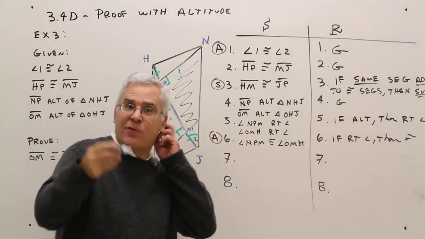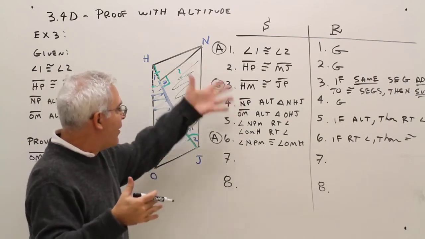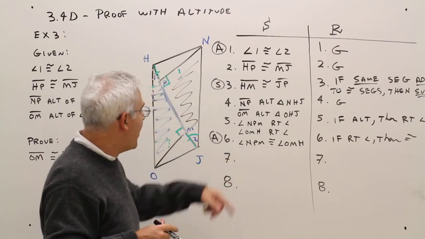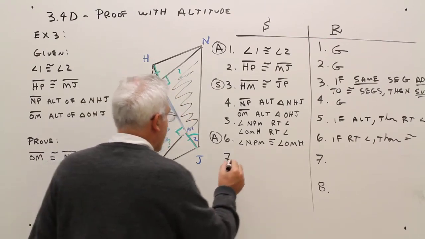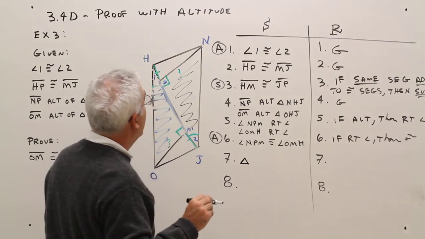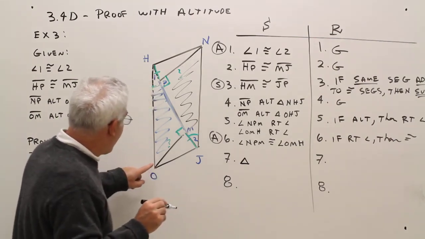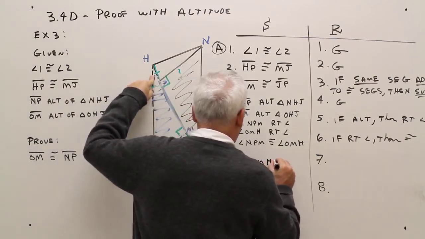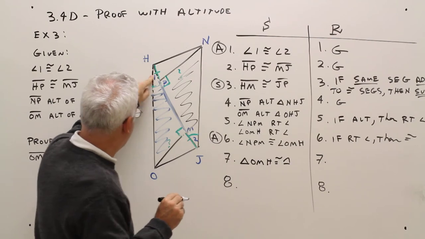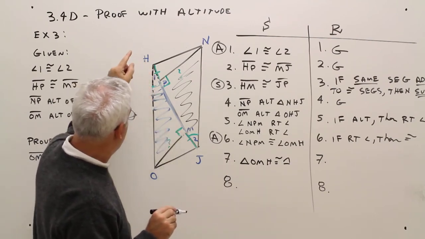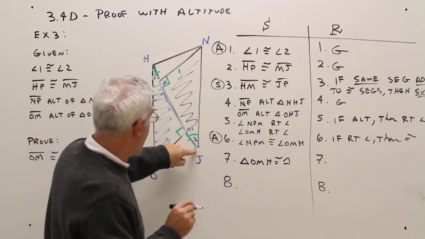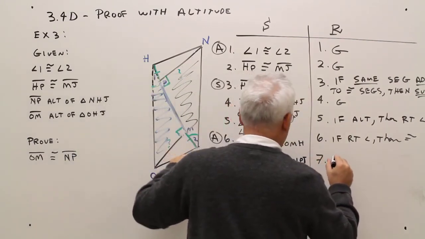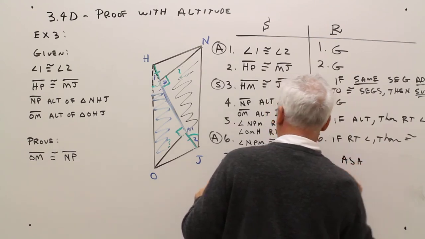And again, if in a test you kind of know where it's going but can't put everything down, just put what you can put down to get partial credit. Okay, so now I can get the triangles congruent. So triangle OMH is congruent to triangle NPJ, and that would be by angle, side, angle.